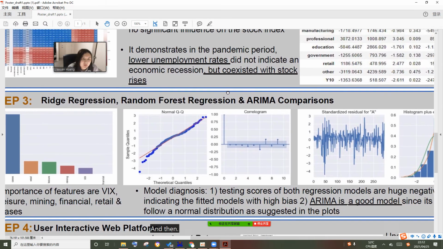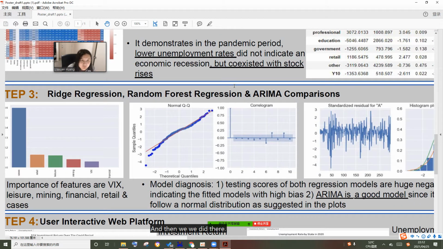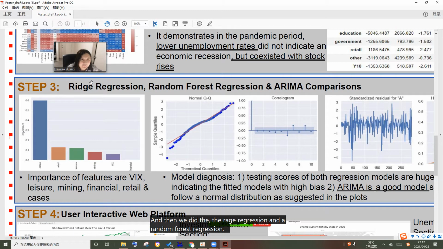And then we did the ridge regression and the random forest regression. Before doing the two regressions, we tested the correlation between the variables.